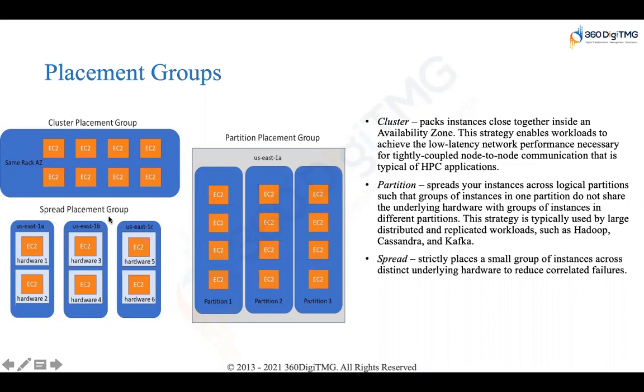Spread placement group is the opposite of your cluster. Your manager asked you to make this application highly redundant. Suppose server 1 fails, other servers have to be active. Your application should not experience downtime at any point of time. It has to be highly redundant and fault tolerant.